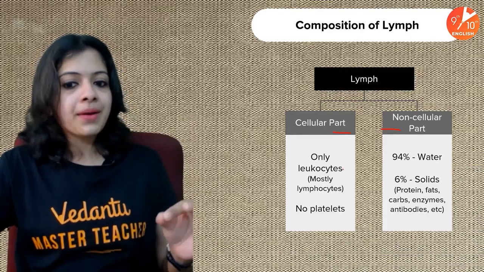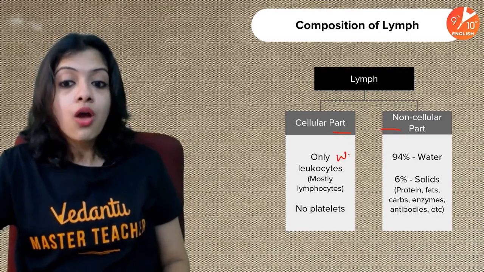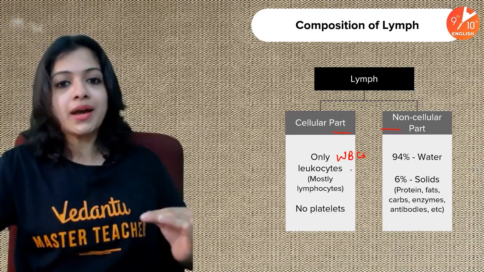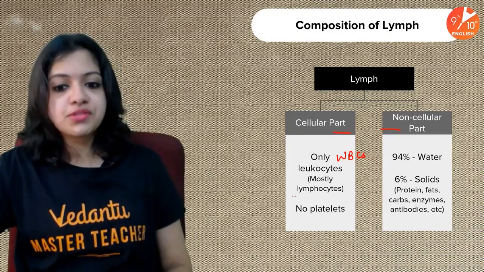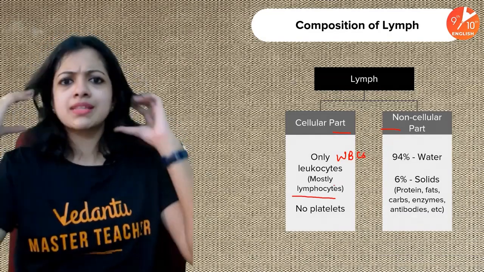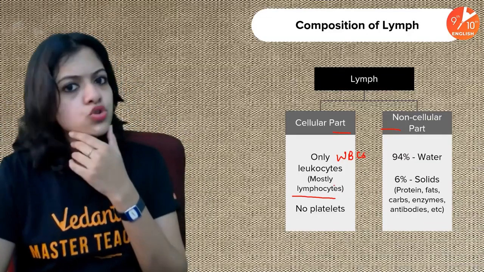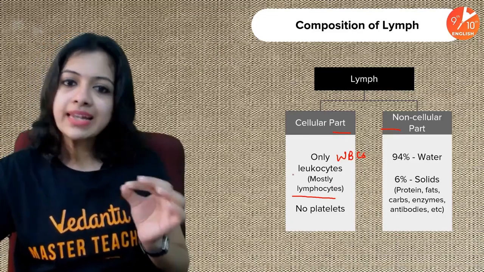The cellular part includes only leukocytes, your white blood cells. The subtype of white blood cells which you would mostly find in lymph are lymphocytes. We have many different types of white blood cells, right? Lymphocytes, monocytes, eosinophils, basophils, neutrophils, all of them. Lymphocytes are what we find mainly in the lymph.